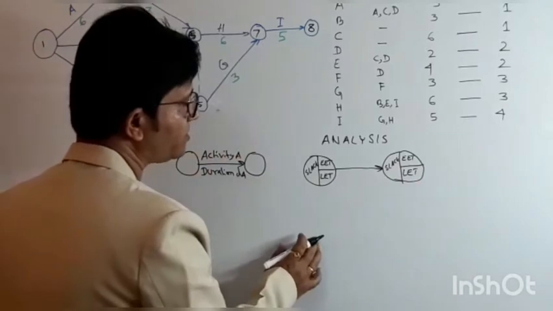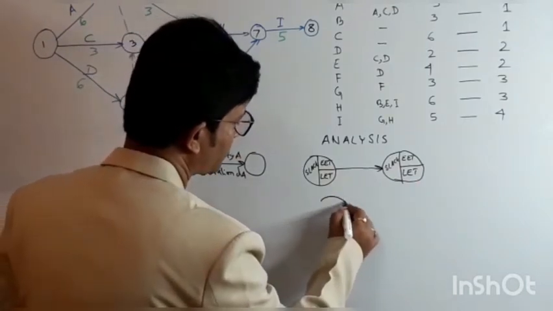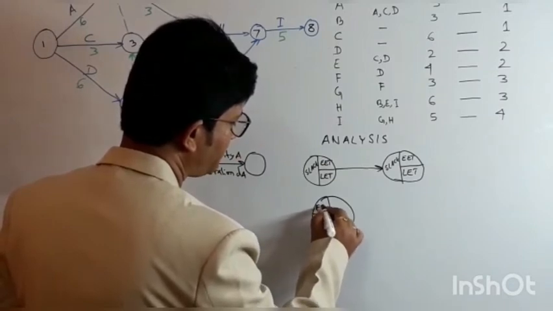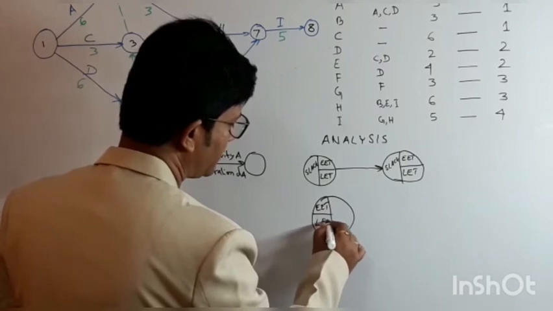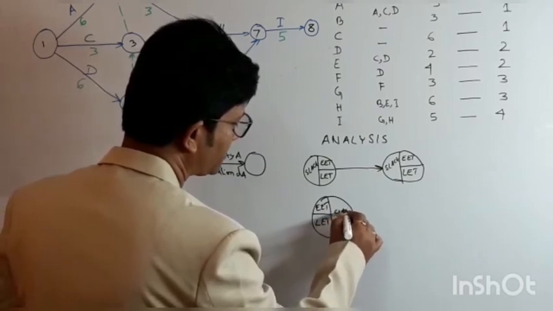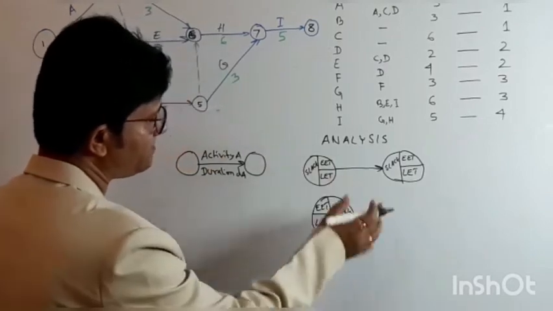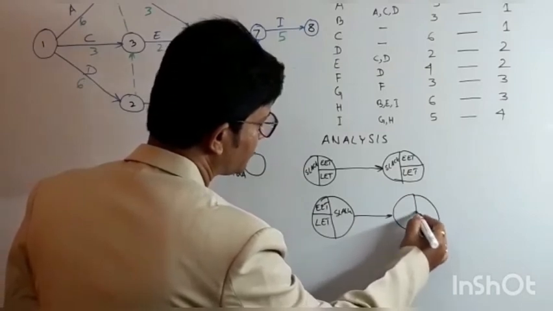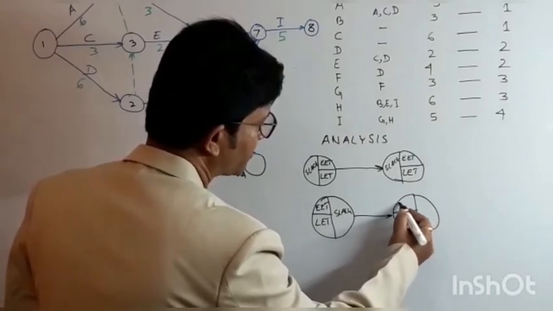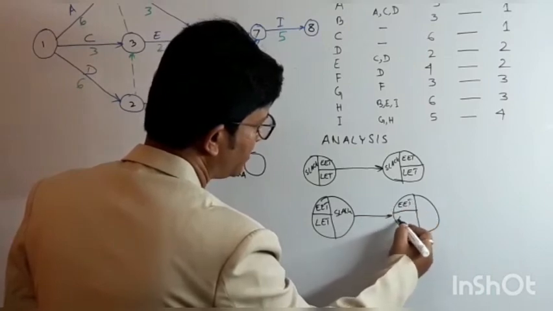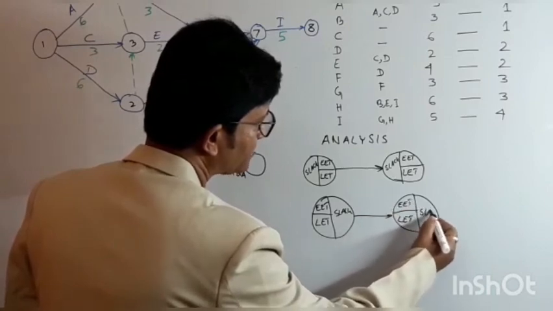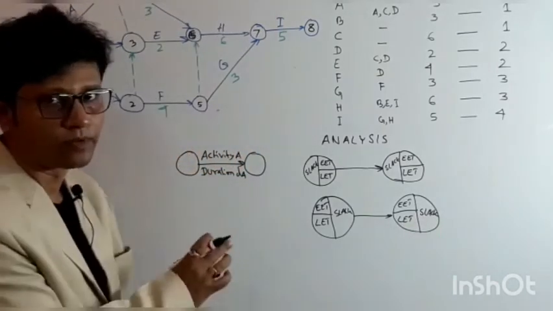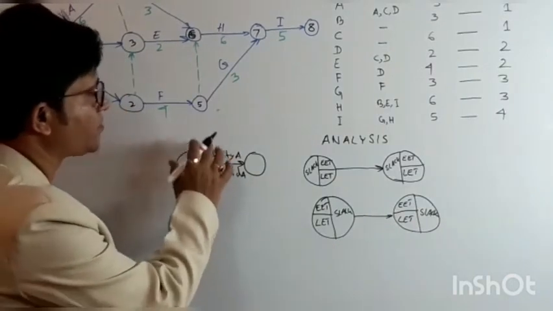Similarly, this can also be written in the reverse direction, with EET here, LET here, and slack. The thing is the same. So this is a network, and this is analysis.